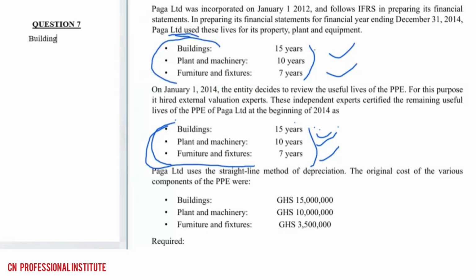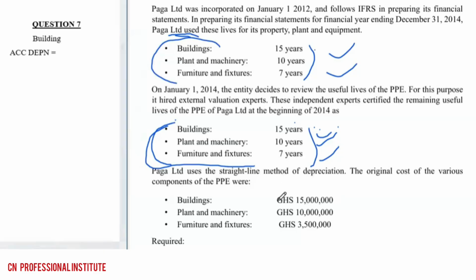So let's deal with building. When we pick building, the accumulated depreciation for building, we said we are going to pick the cost, which is what?